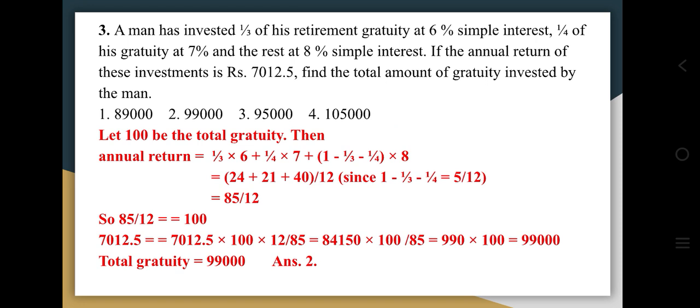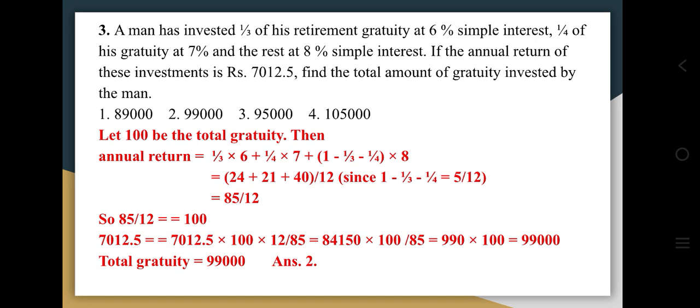So we take 100 as the total gratuity. If 100 is the total gratuity, then at 6% simple interest, he has invested 1/3 of his retirement, that is 1/3 into 100.